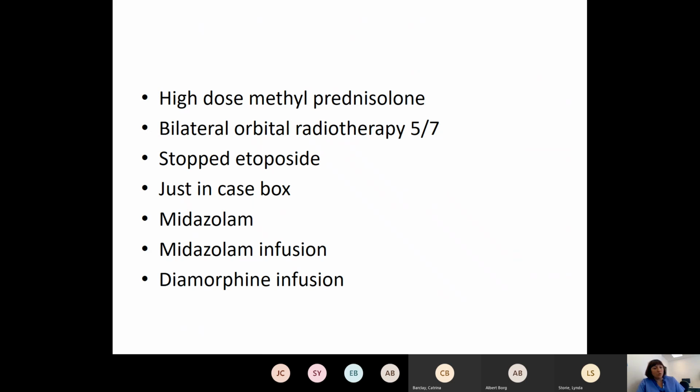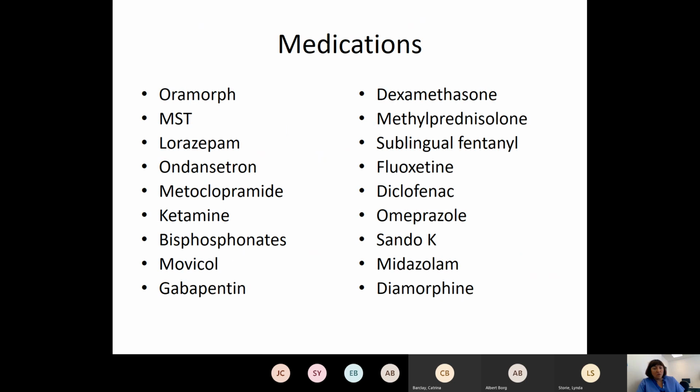We transferred her at that point onto diamorphine infusion, and she ended up on all of these medications. And we stopped her potassium supplements at that point as well, and we stopped anything orally we could, but we felt that everything on this list was necessary.